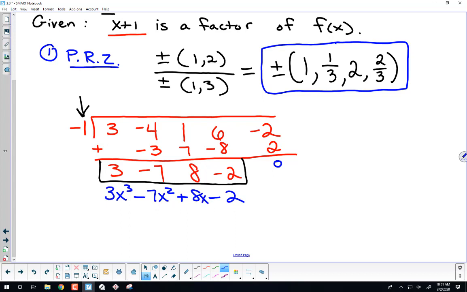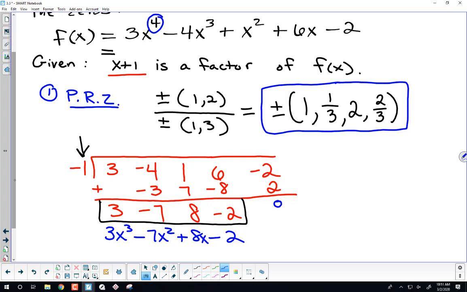So after this first round of synthetic division, what does that tell us about f of x and its factors? That f of x factors as what? Yeah. X plus 1, remember it's the divisor.